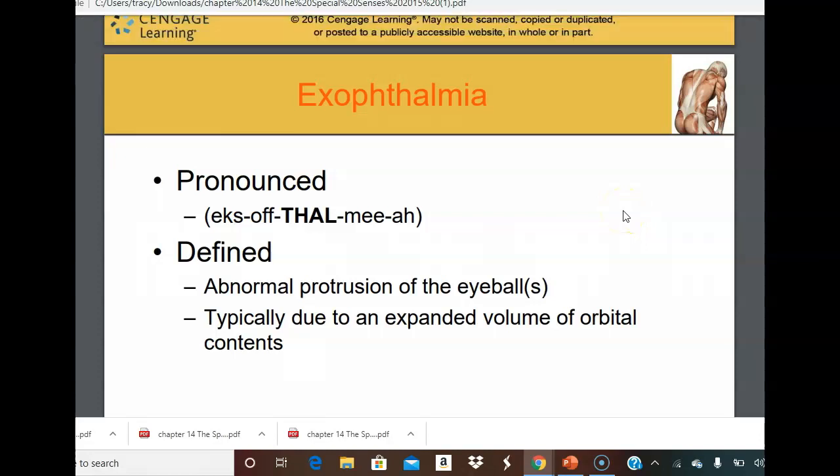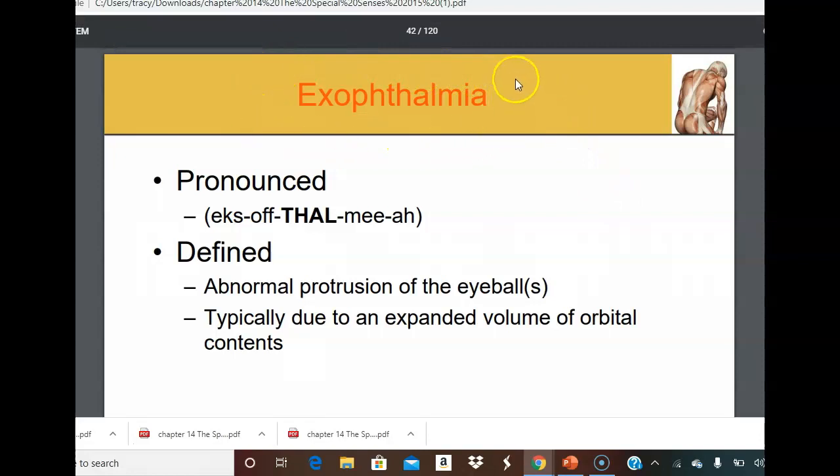Exophthalmia is a condition we normally see isolated to an endocrine condition called hyperthyroidism. What happens in that condition is there's an increase in the body's metabolism, and that chronic increase in metabolism leads to an expanded volume of the orbital contents, which then protrudes the eyes outward. Okay, and so we don't generally see this with other things.